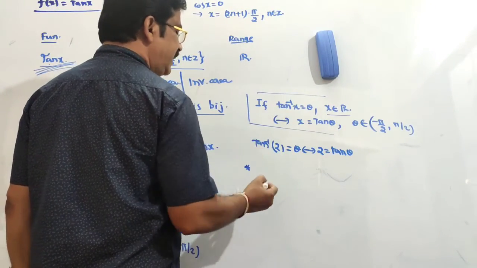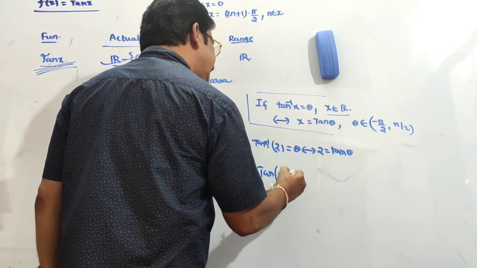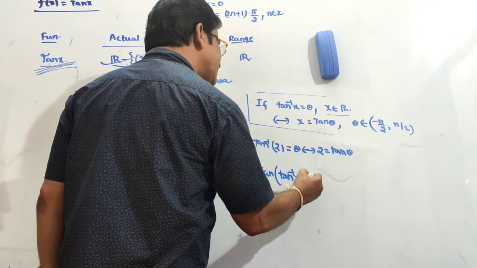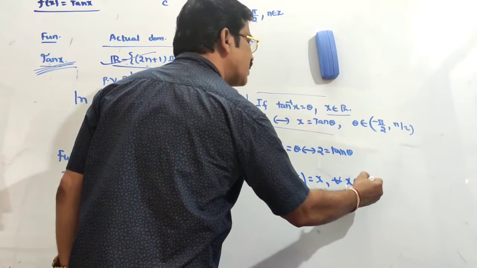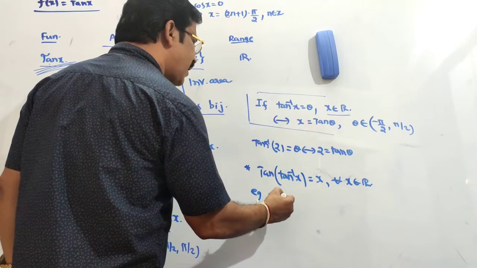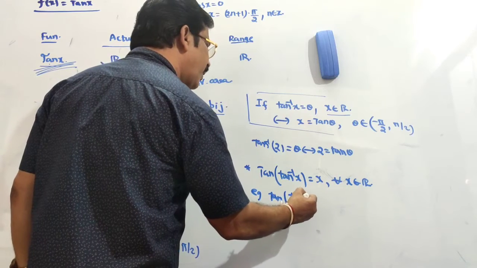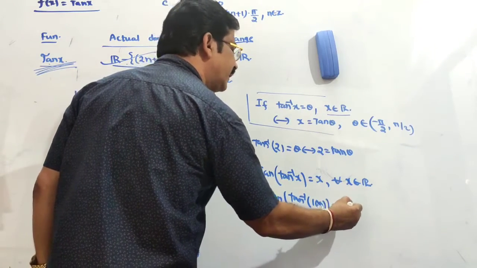Next, one standard formula. What is that? Tan of tan inverse of x must be equal to x. It is true for all x belonging to capital R. For example, tan of tan inverse of 100 can be written as 100. No problem.